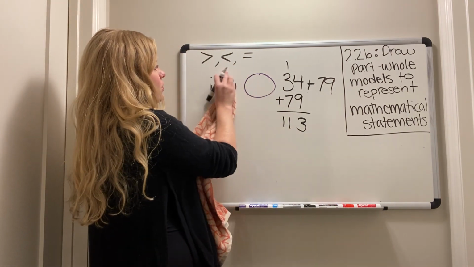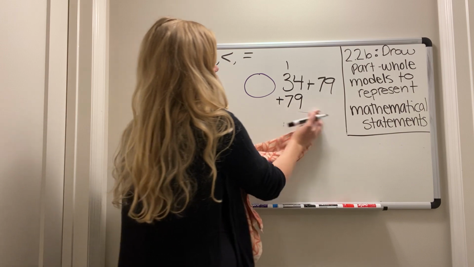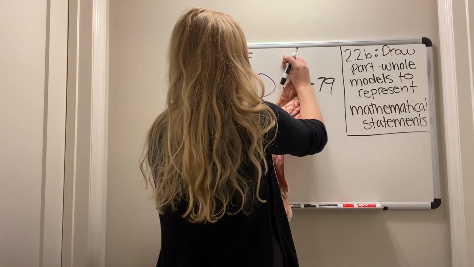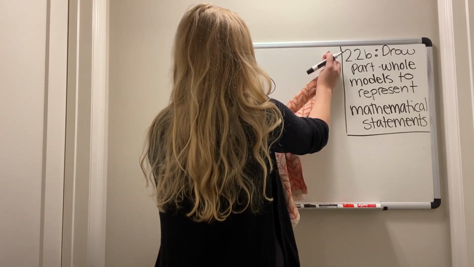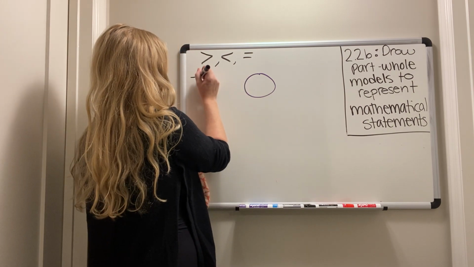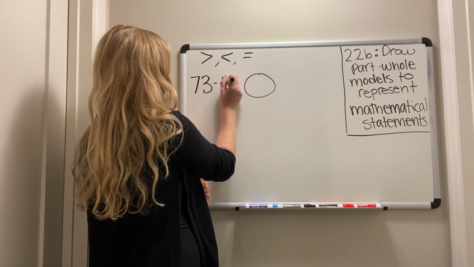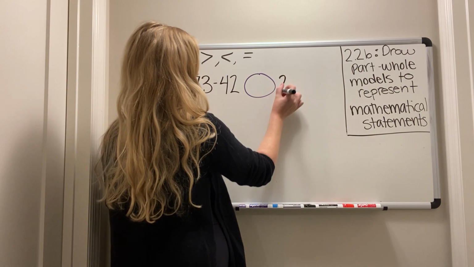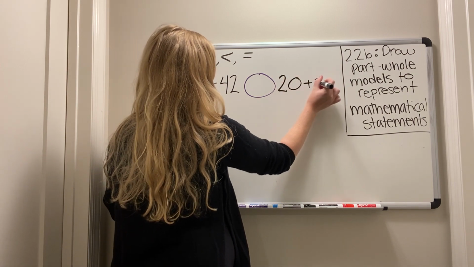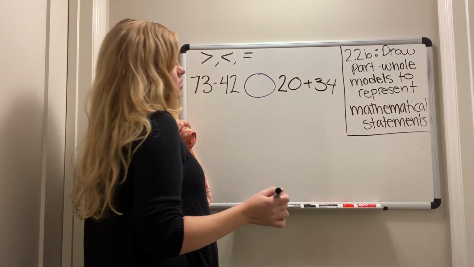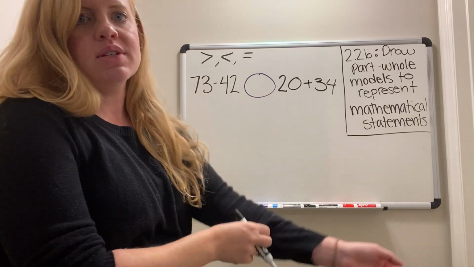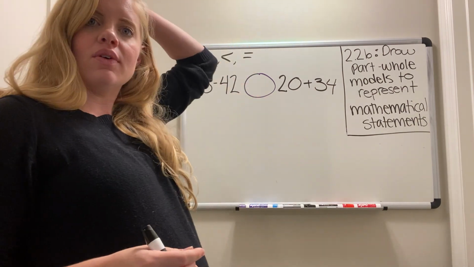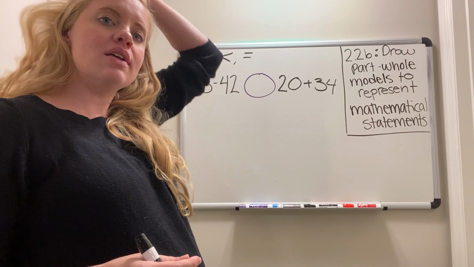Now, there are other problems that look like this, that ask you to solve both problems before you put a greater than or less than or equal to in the circle.